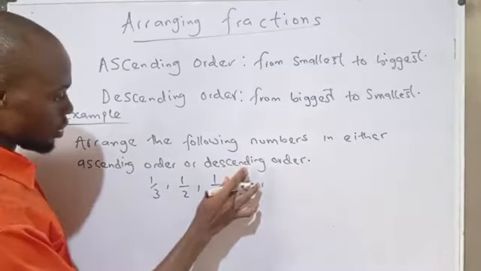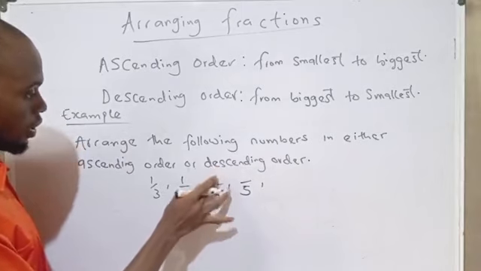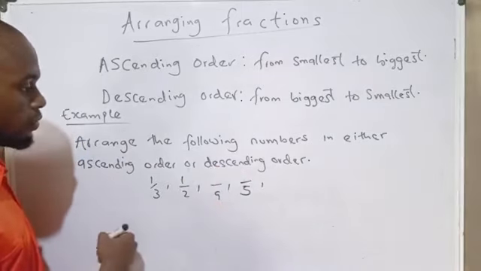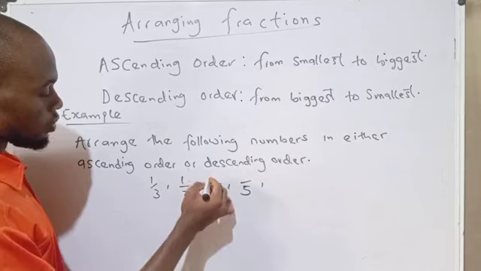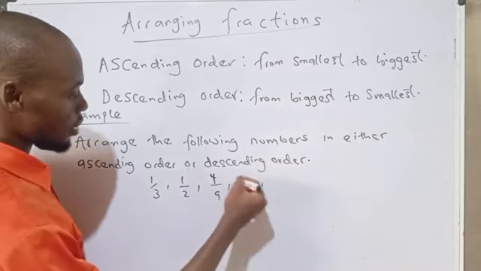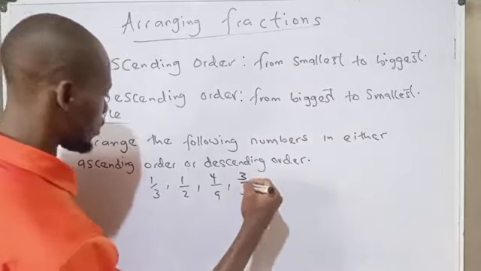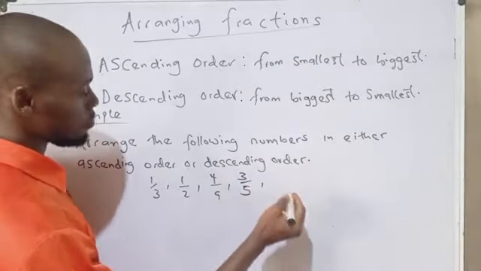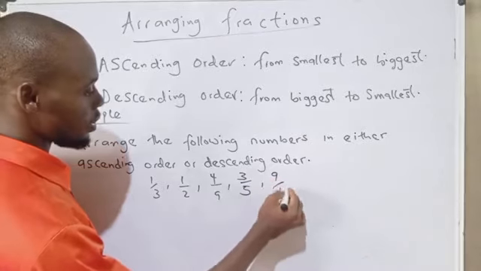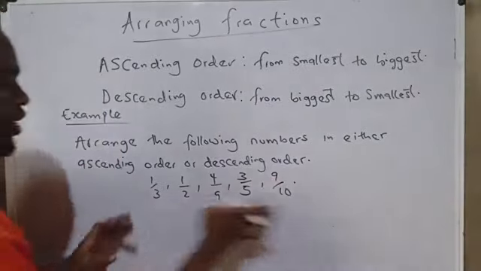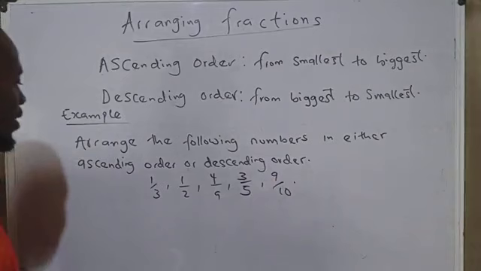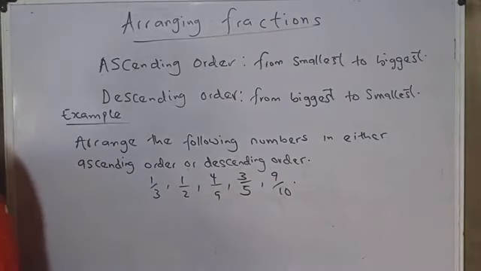Then let me change the numerators here so that everything won't have the same numerator. So let's say this one is 4 over 9, let's say this is 3 over 5, and let's say this is 9 over 10. Now we want to arrange these numbers in ascending or descending order.